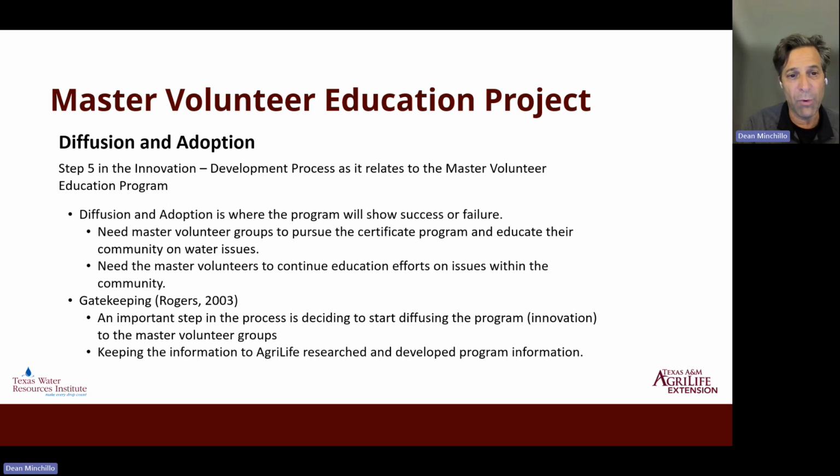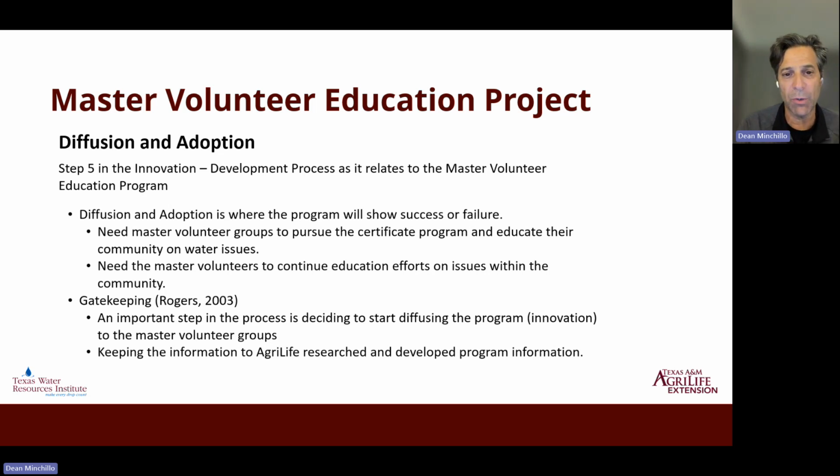And then the other thing where it fits in is this notion of gatekeeping, which Rogers mentions, which is really controlling the information, controlling everything that happens. By using the already established watershed programs throughout the Texas A&M extension system, we are able to really control the flow of that information.